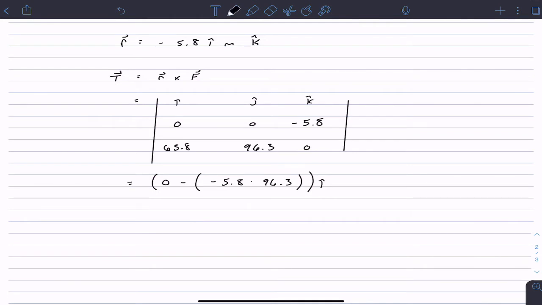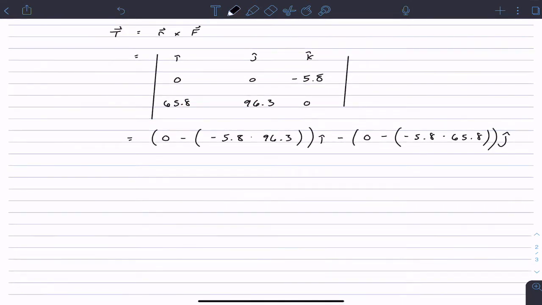So we have minus 0, right? For j hat, this is 0. This is non-zero. Minus negative 5.8 times 65.8. This is j hat direction. And then in k hat direction, we have 0, 0. So nothing in the k hat direction. Just write that out. Why not?